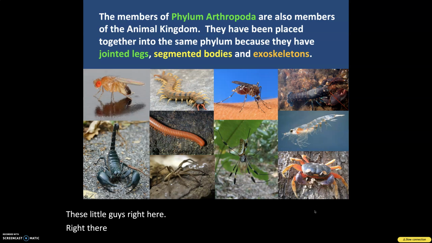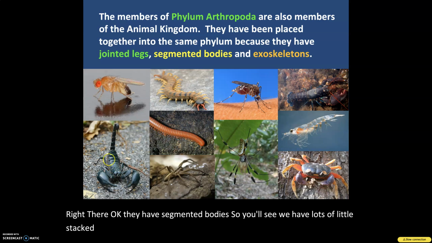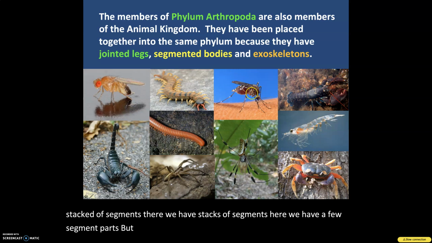Okay. They have segmented bodies, so you'll see we have lots of little stacked segments there. We have stacks of segments here. We have a few segment parts, but really we have one big one, two, and then a third one that's the head right there. You have your crab, main crab, and then you have these little pieces coming out. And then with your spiders, you have an abdomen and a head, and then the legs.